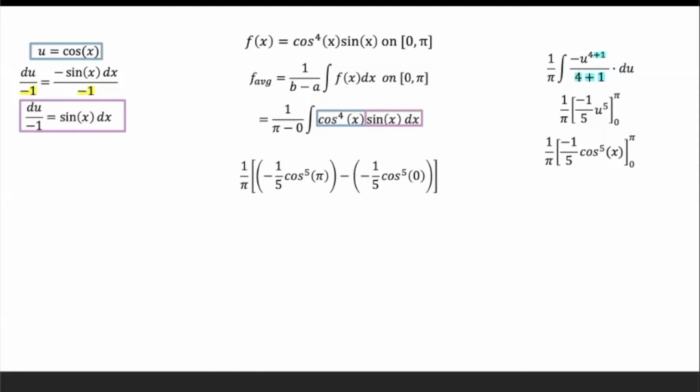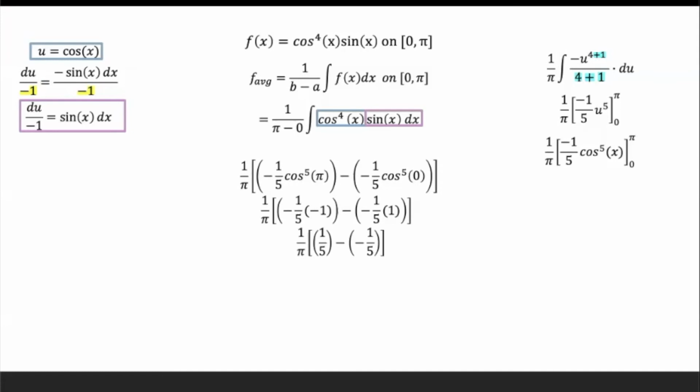And now we're just going to use algebra to solve. So cosine to the fifth power of pi is negative 1, and cosine to the fifth power of 0 is just 1. And then negative 1/5 times negative 1 equals 1/5, and negative 1/5 times 1 is negative 1/5.